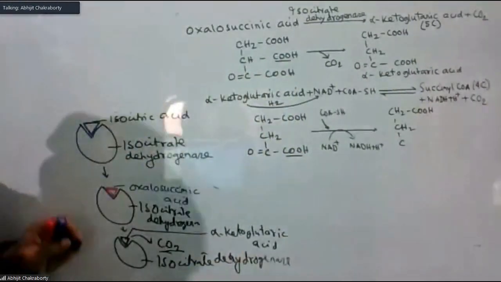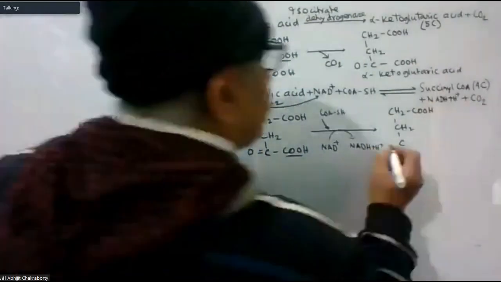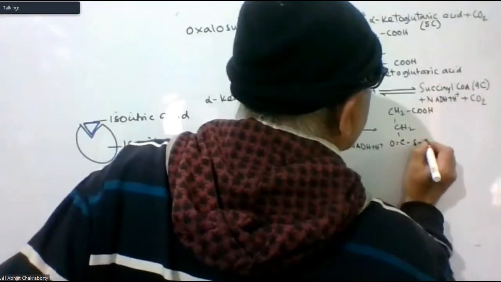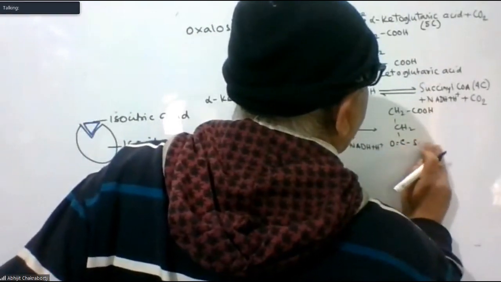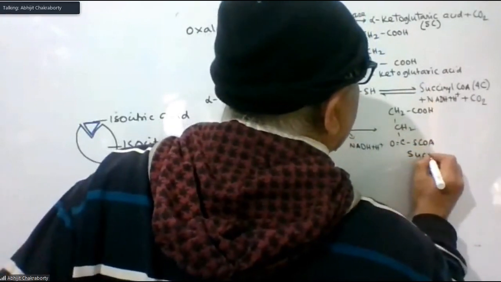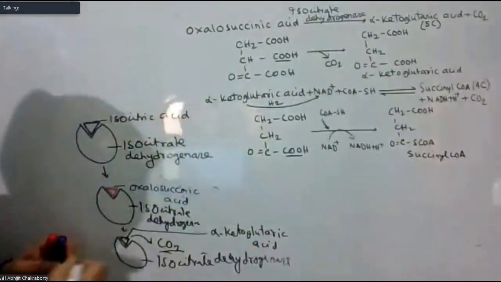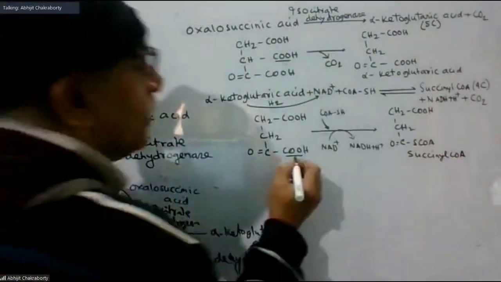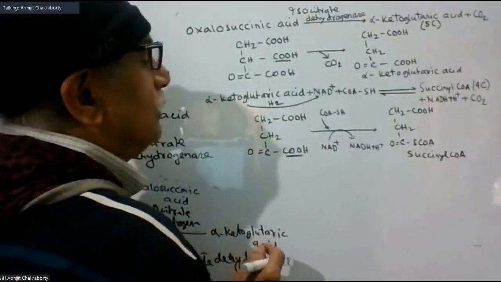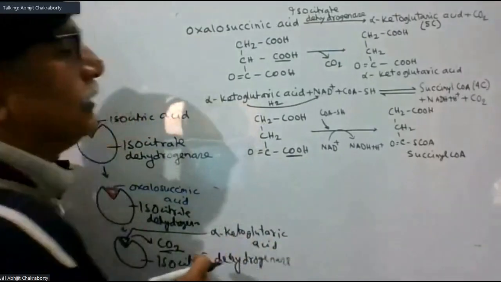So you will get COS, COA again. This is succinyl coenzyme. So what happens here? From here, one carboxylic group is released out, and it is reduced by this hydrogen, and also the hydrogen present in the COH.